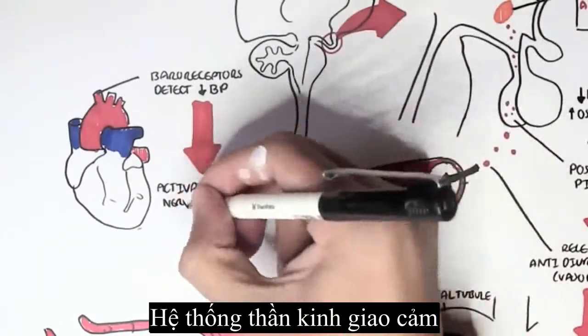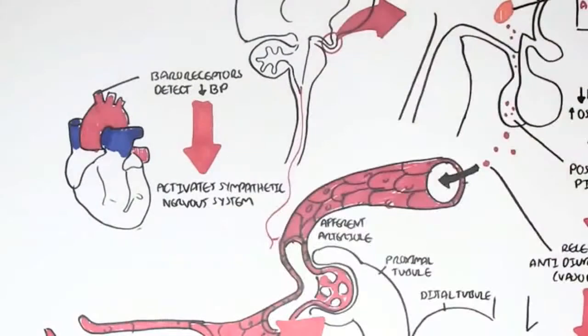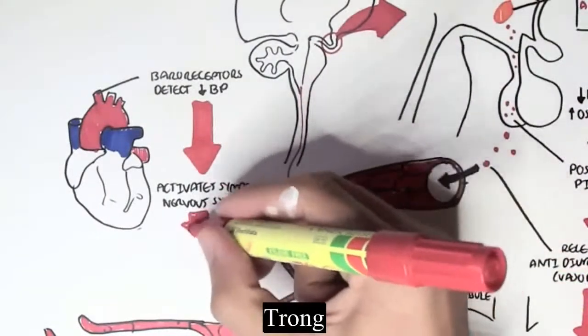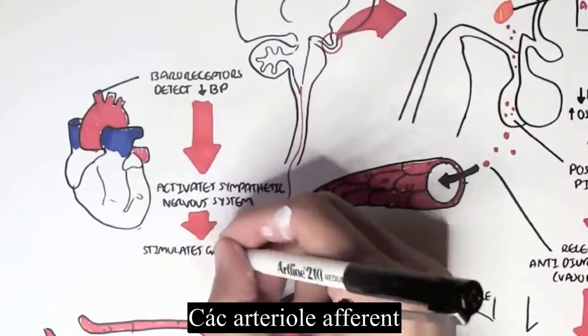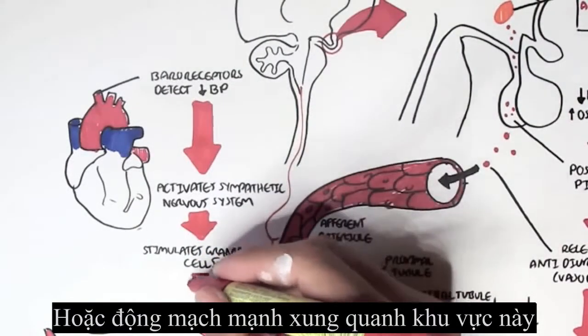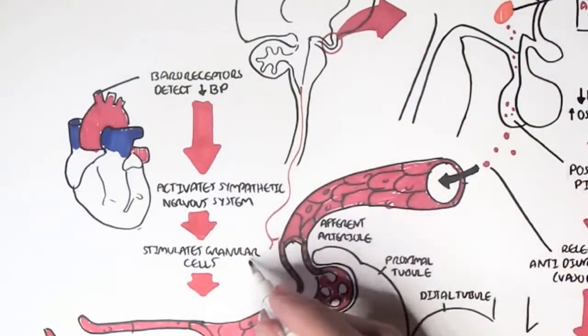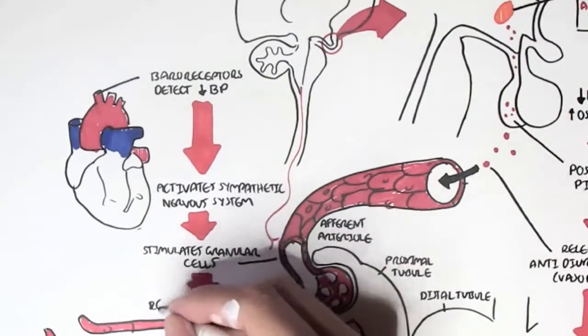The sympathetic nervous system will then stimulate granular cells within the afferent arteriole or the efferent arteriole around this area. The granular cells, also known as the juxtaglomerular cells, will then release renin.